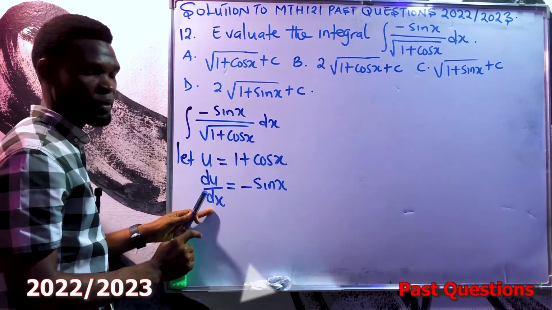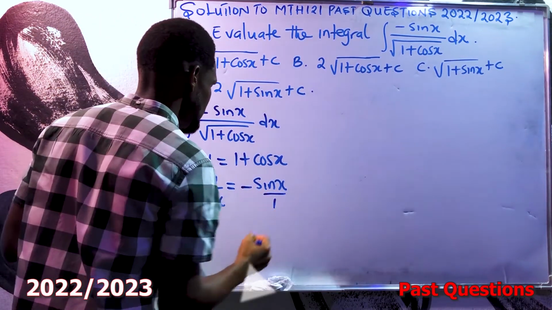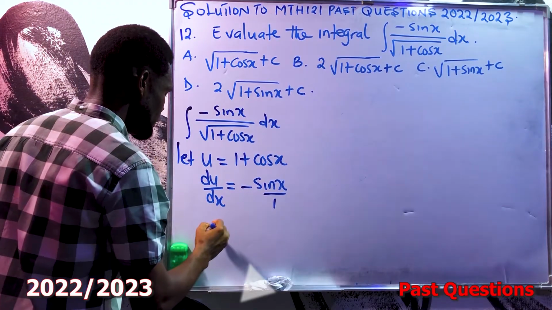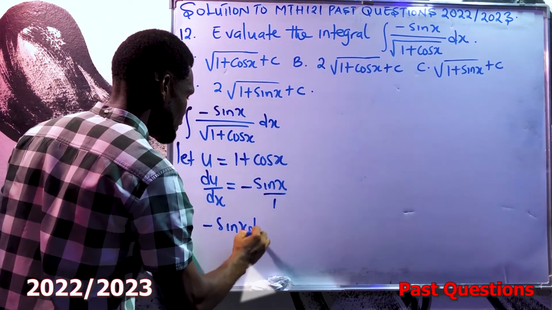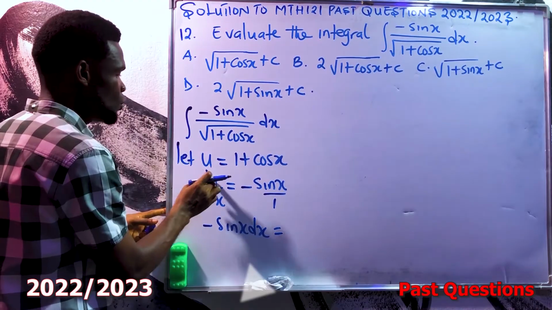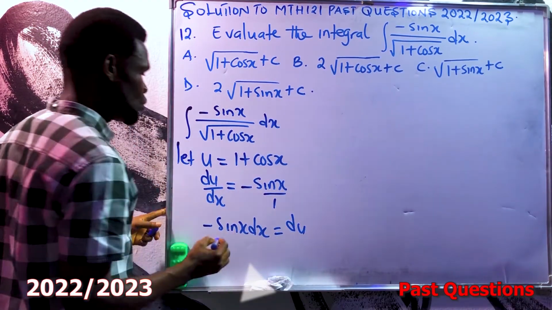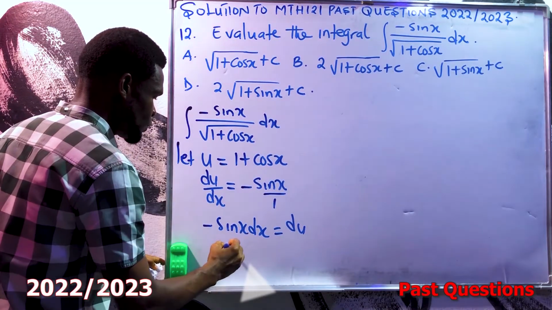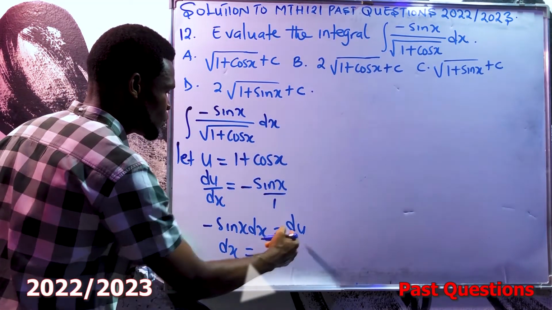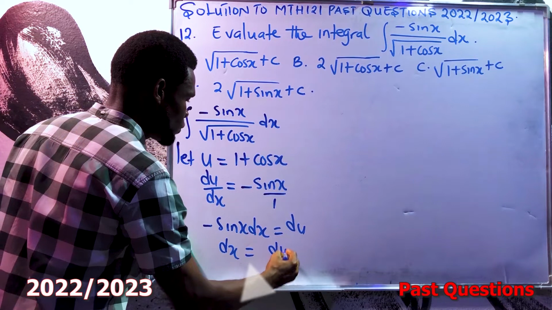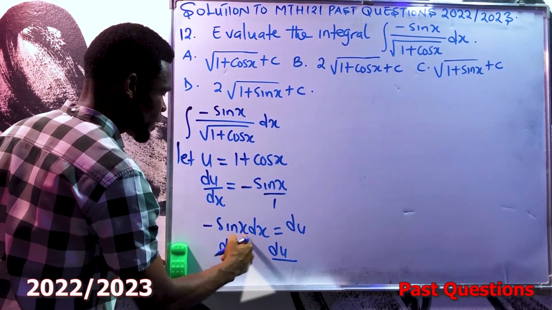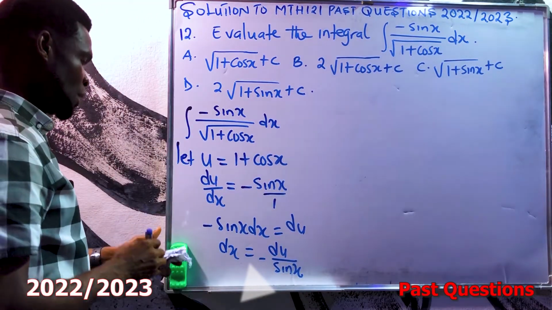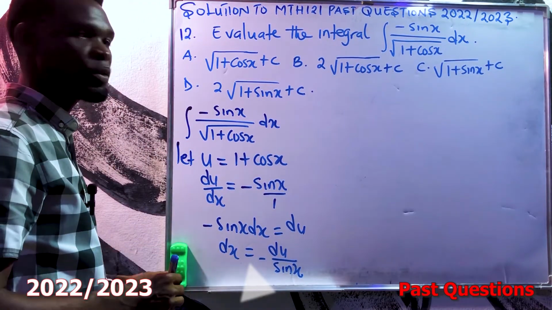Let's cross multiply. dx times minus sine x is minus sine x dx equals du times 1, which is du. Next, I make dx the subject of the formula. So dx is equal to du all over minus sine x.